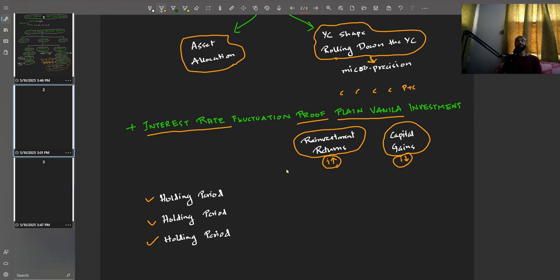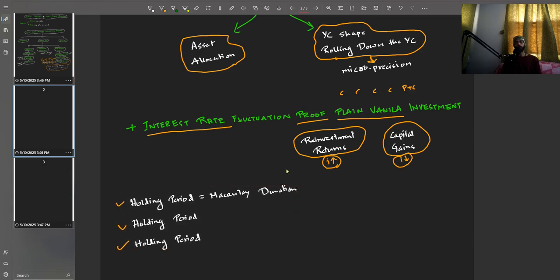That holding period is exactly equal to the Macaulay duration of the fixed income instrument that you have taken. And it's a plain vanilla instrument that we are talking about. Holding period should be equal to the Macaulay duration of that particular instrument, and here we are limiting ourselves to plain vanilla instruments, right?